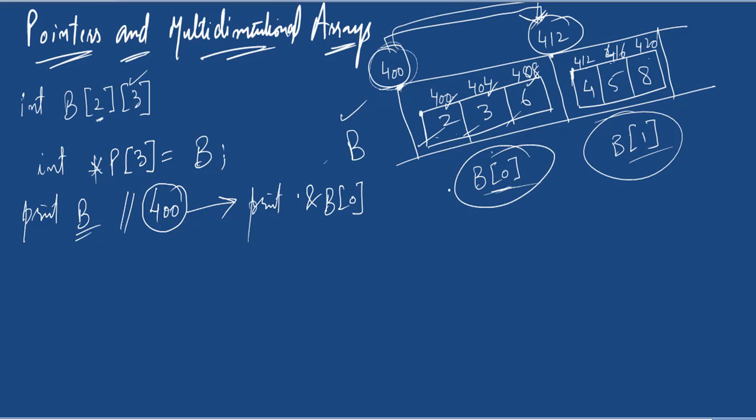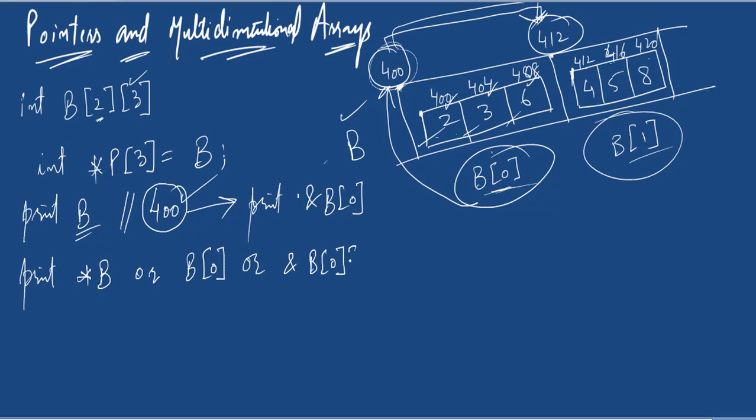The address of this b of 0 is 400. It will also return this 400 and will print it. If I write print asterisk b, the same thing can be written like this, or b of 0, or and of b of 0 and 0.